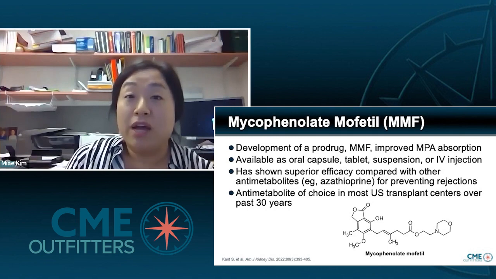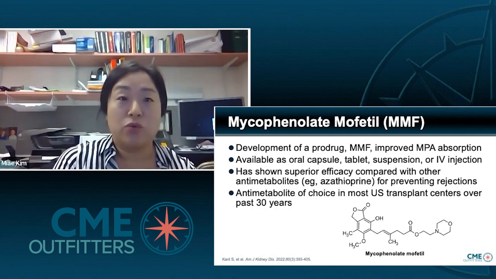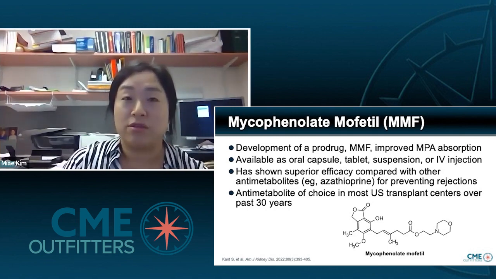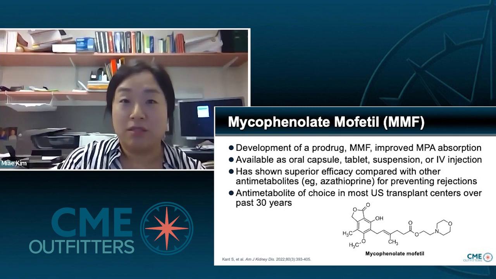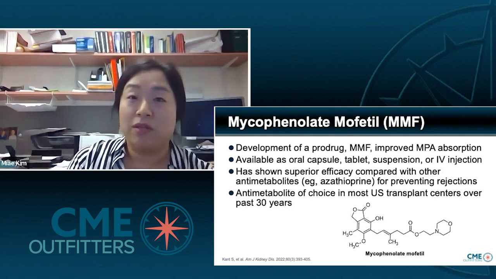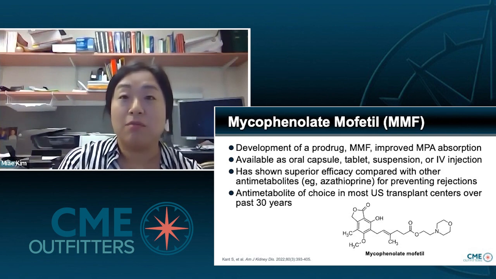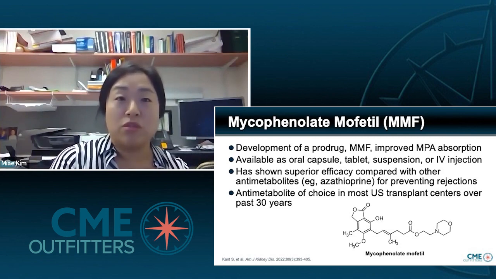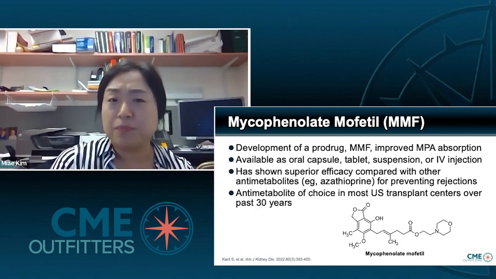In clinical trials, mycophenolate mofetil has shown superior efficacy to other antimetabolites like azathioprine in terms of preventing rejections. For this reason, for nearly 3 decades, mycophenolate has been the antimetabolite of choice for most US transplant centers.